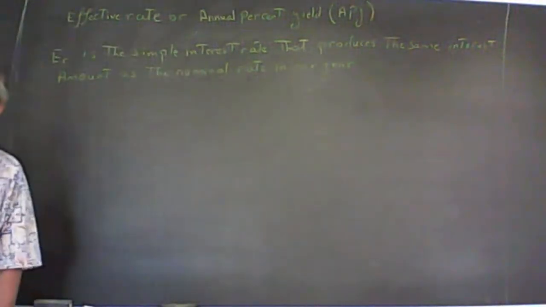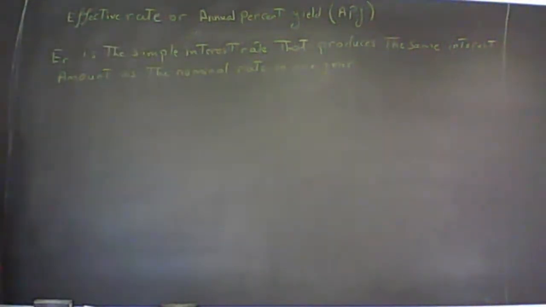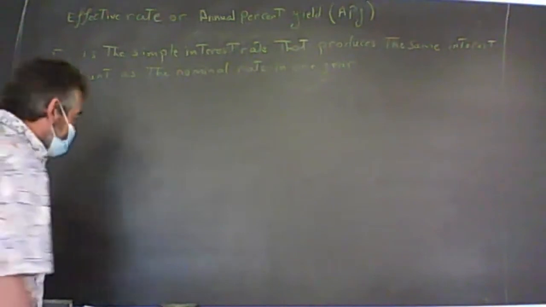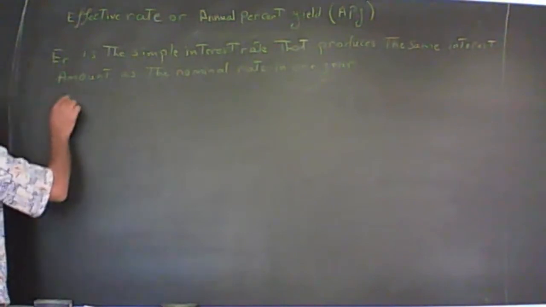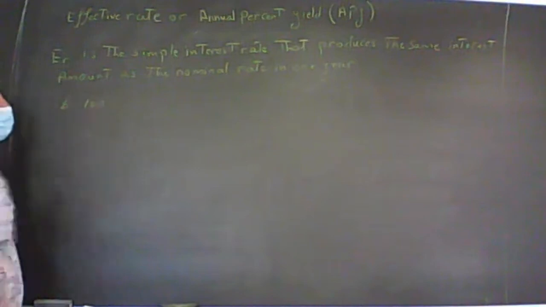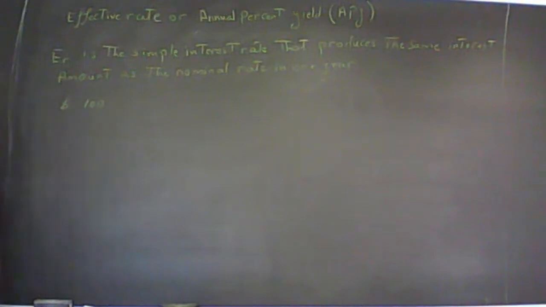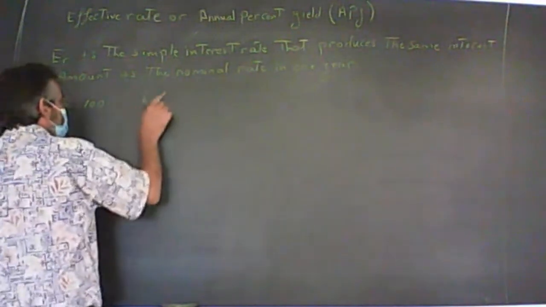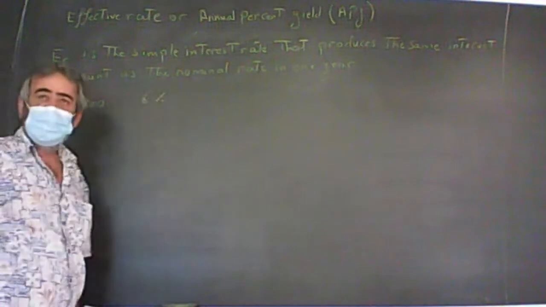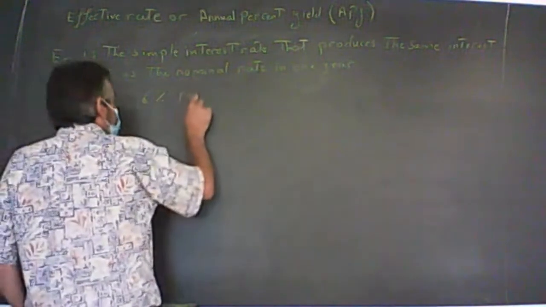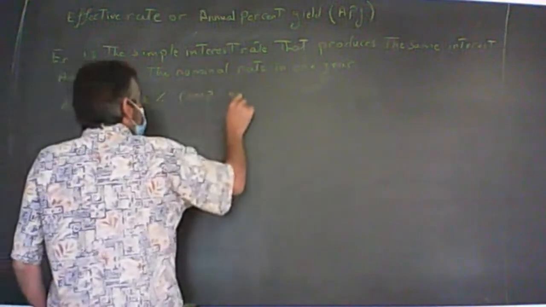Maybe we'll understand it with an example. Suppose you deposited $100 in a bank account that pays 6% compounded monthly.